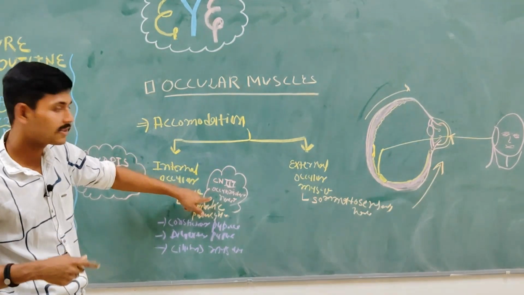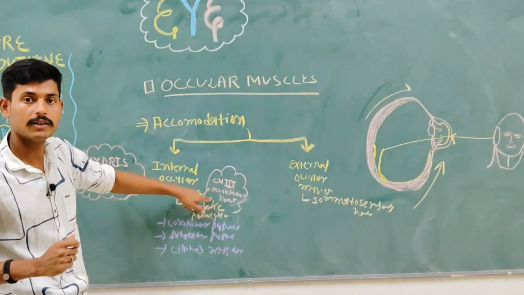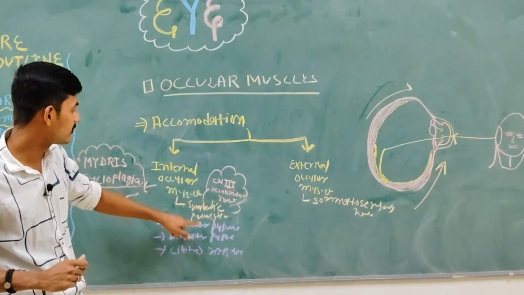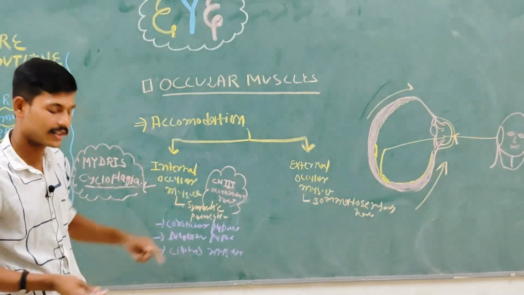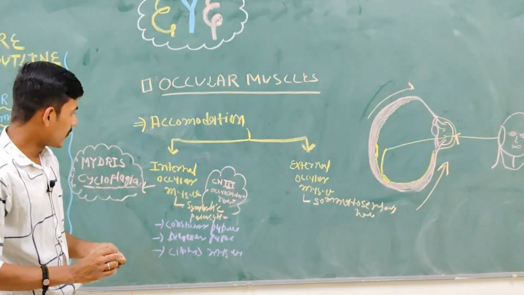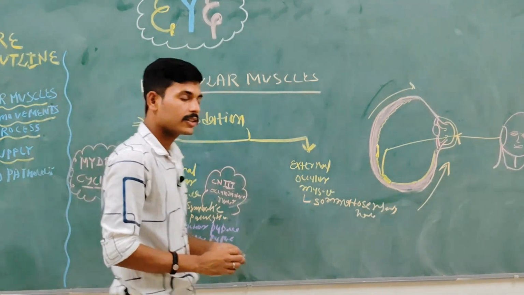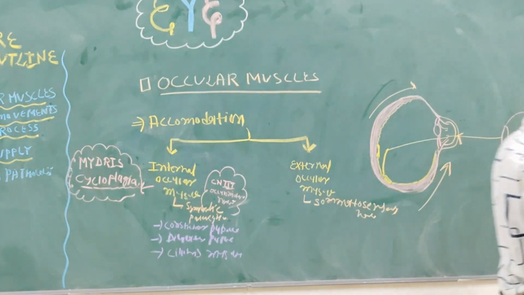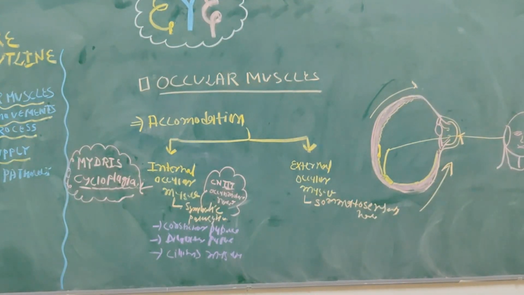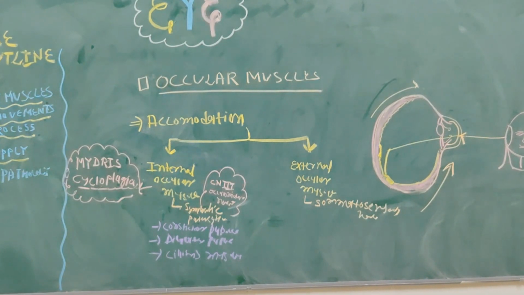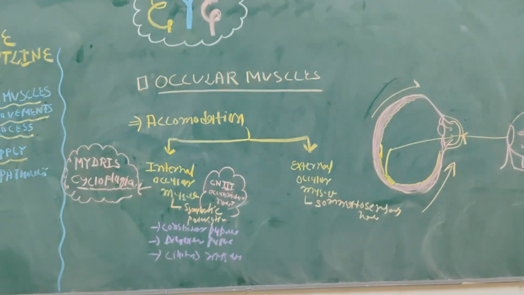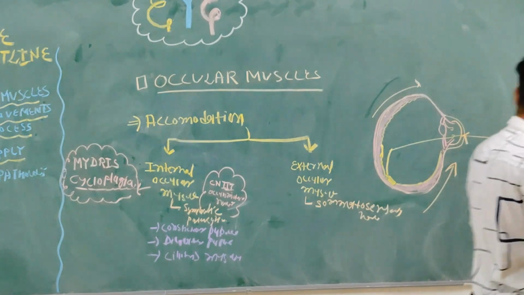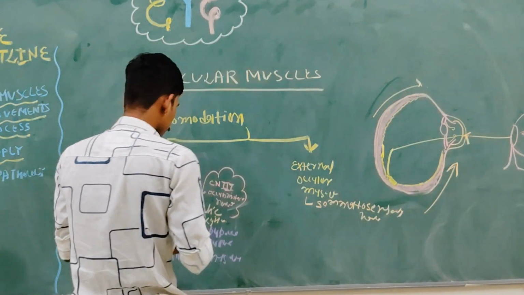When these oculomotor nerves come to supply the eye muscles, on the way they join with one more nerve for the sympathetic and parasympathetic supply. Write down, that is called the Edinger-Westphal nucleus.